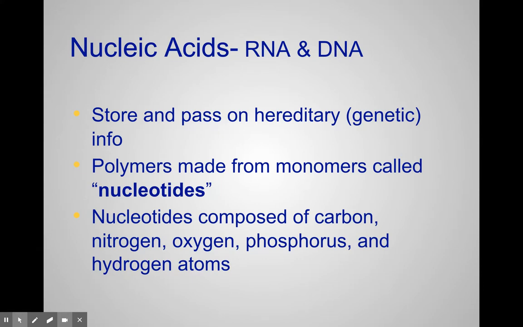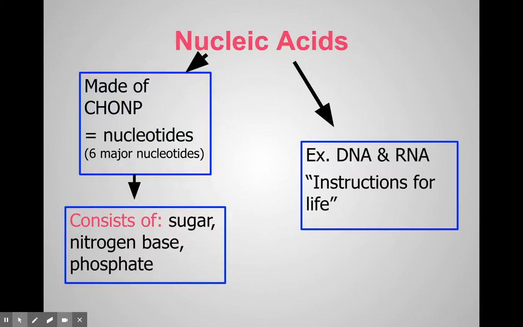Nucleic acids are made up of smaller repeating subunits called nucleotides. Nucleotides are composed of carbon, nitrogen, oxygen, phosphorus, and hydrogen atoms. Those are what make up nucleotides.